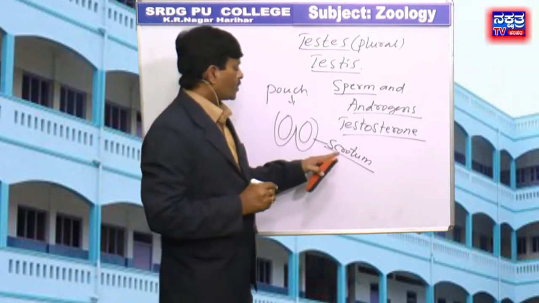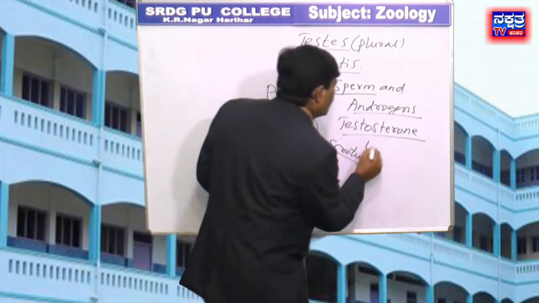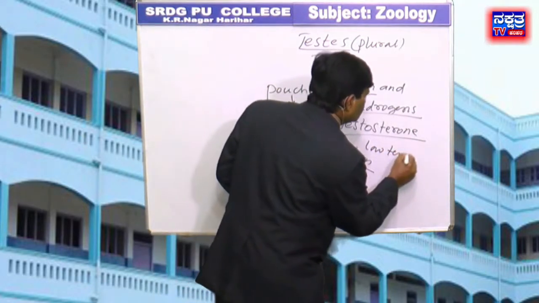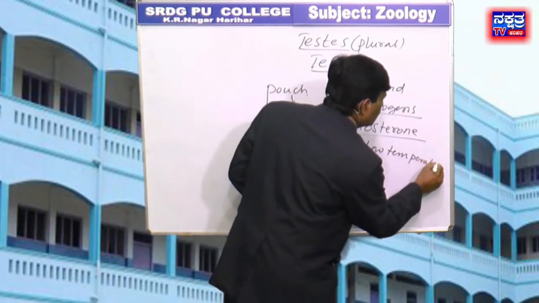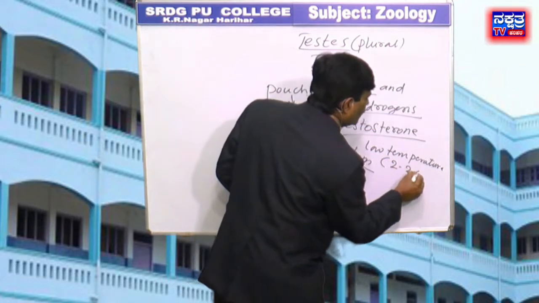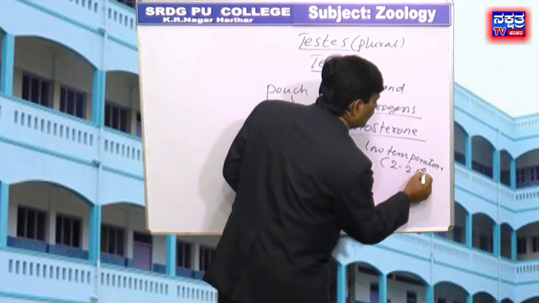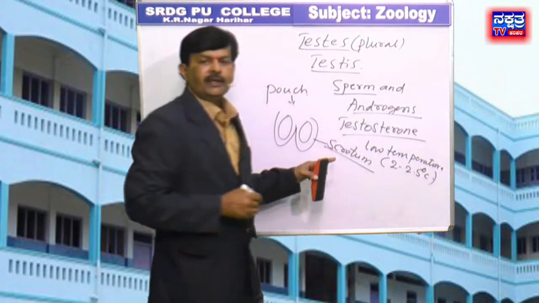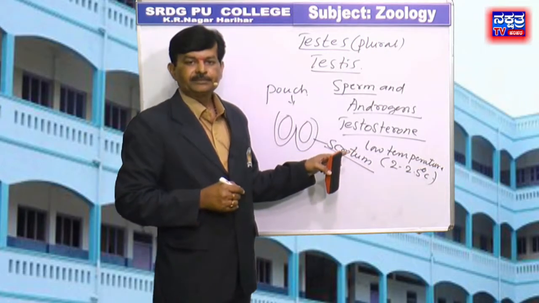The scrotum maintains the low temperature, that is in between 2 to 2.5 degrees centigrade below the body temperature.